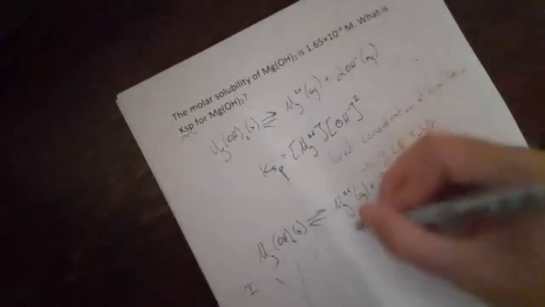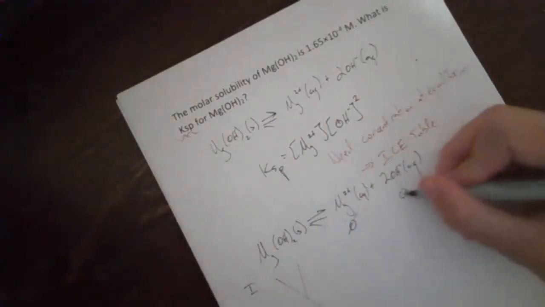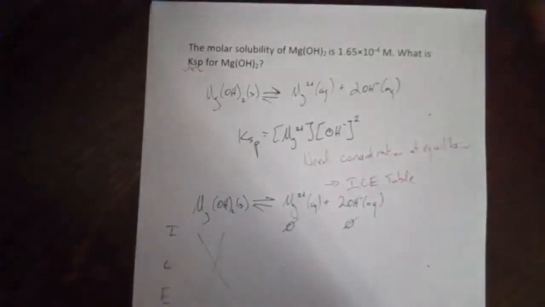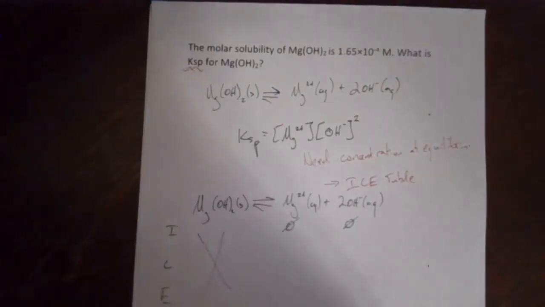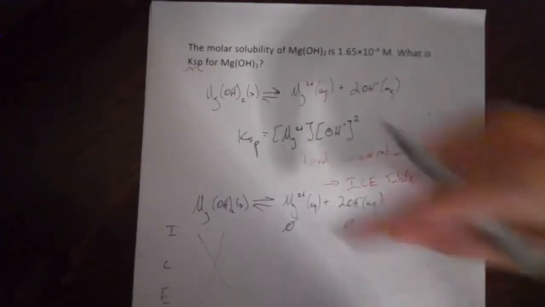And so the dissolved magnesium, we basically have none of those. We have none of the dissolved magnesium present, or hydroxide. We're basically imagining you have nothing, just a solid salt. You're going to allow it to dissolve in water. So initially you have no dissolved ions. So how many ions do you have at equilibrium? This lets us set the zeros over here.